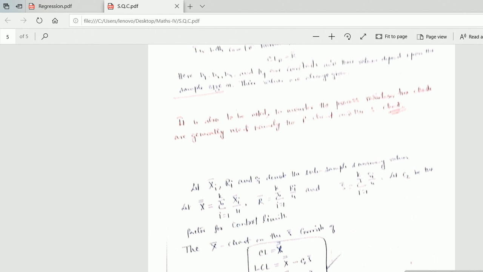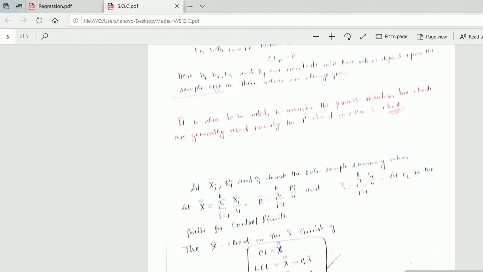The X bar chart on the S bar consists of what? Center line is equal to bar of X bar. Lower control limit is equal to bar of X bar minus capital C2 into S bar. Upper control limit is equal to bar of X bar plus capital C2 S bar. These all have the values given in the table.